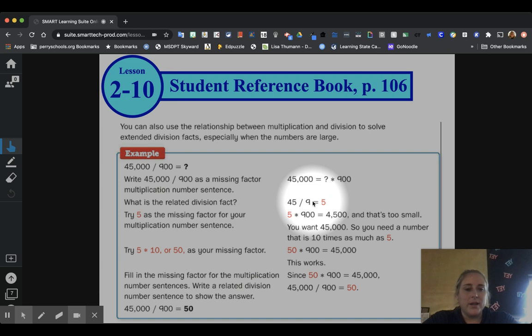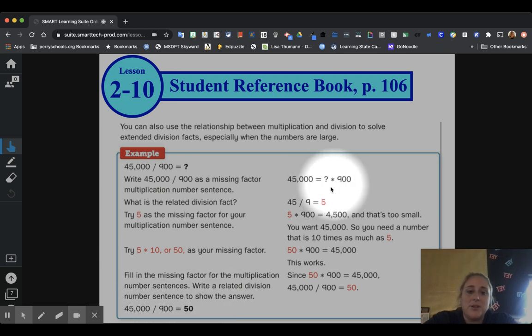We know that already. And then if we take a look, we've got 3 zeros here, 2 zeros over here. So as you're looking through this, you can fill in the missing factor for the multiplication number sentences. Write a related division problem. So 45,000 divided by 900. The answer is 50.